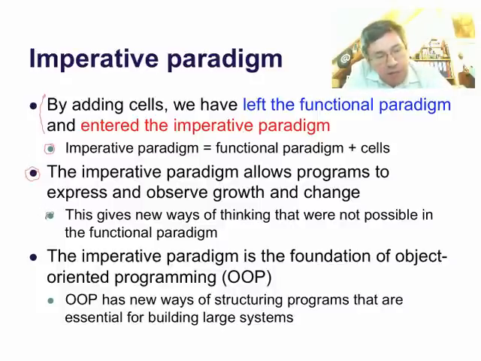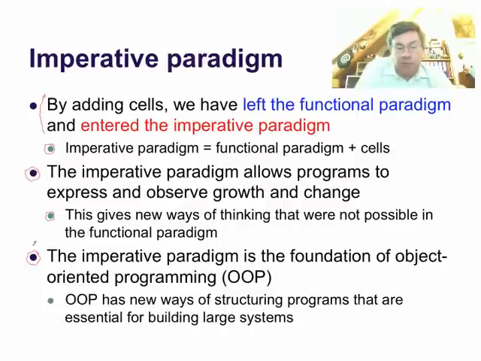And this gives new ways of thinking that were simply not possible in the functional paradigm. For example, the imperative paradigm is the foundation of object-oriented programming, which contains many new ways of structuring programs and principles that are important for building large systems. This is all possible in the imperative paradigm and not in the functional paradigm.